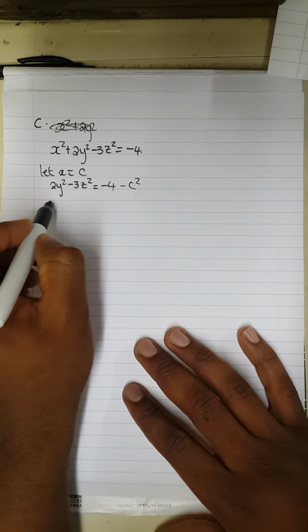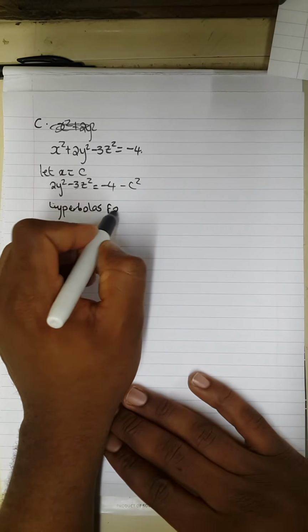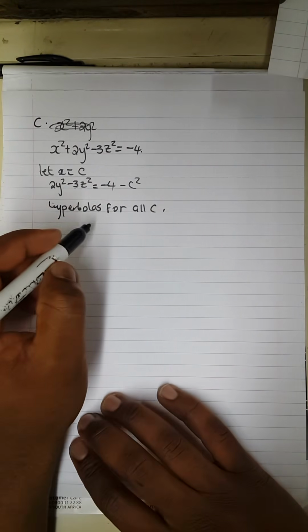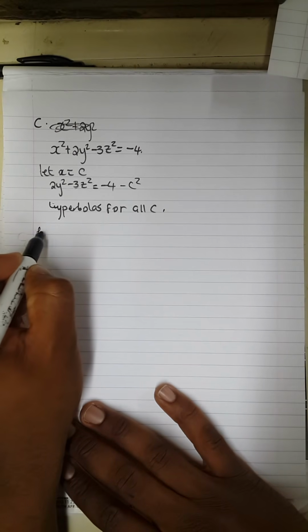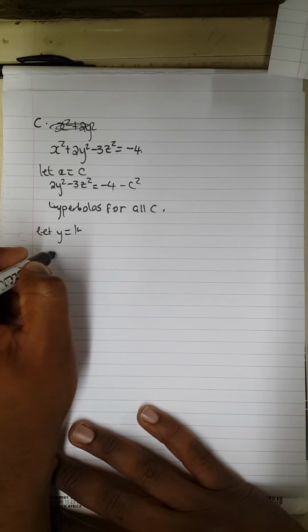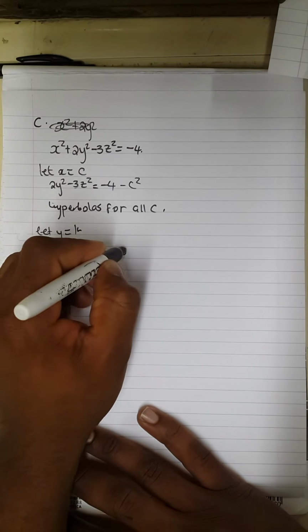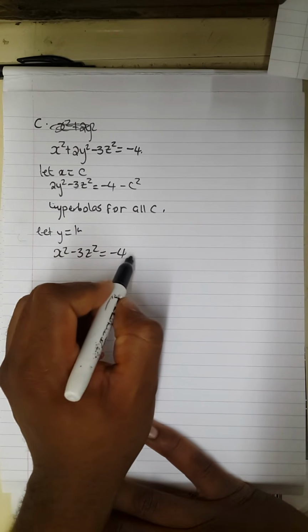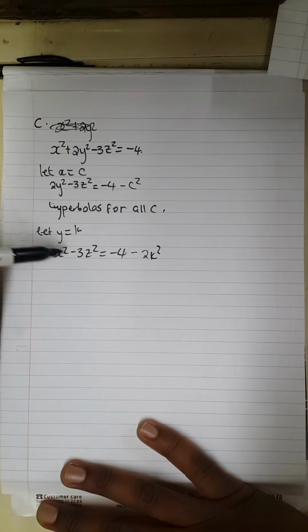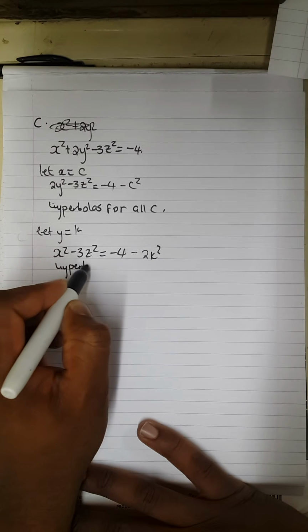The sections are going to be hyperbolas for all c, negative or positive. Then let y be equal to k, and we get x squared minus 3z squared is equal to minus 4 minus 2k squared. Check that this is the same as that one, so you have hyperbolas for all k.